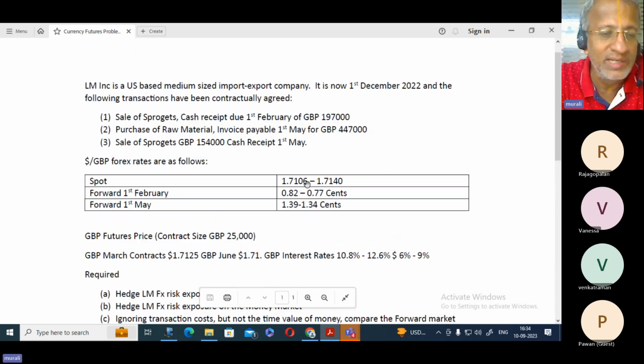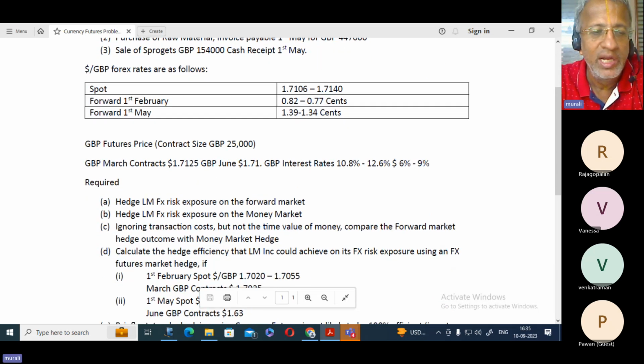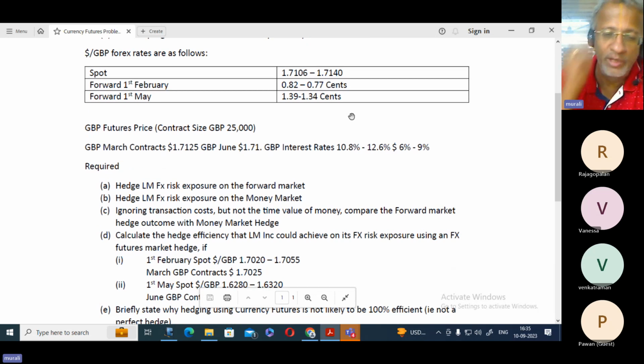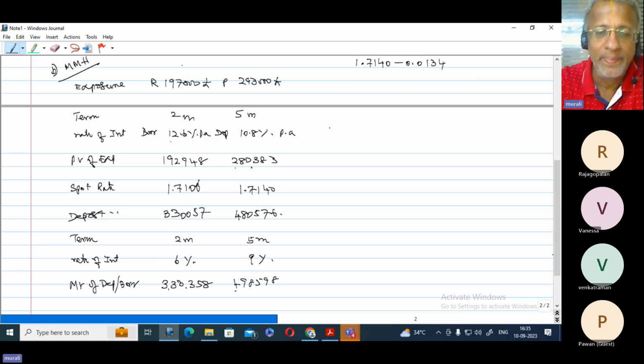See, now let us just understand the number of contracts that we are expected to work out. Basically we can do it exactly by using the futures rate, or you can use the spot rate to find out the number of contracts. So now let us just know about that. This is item number D. So for receipt and for payment, let us know about the exposure.